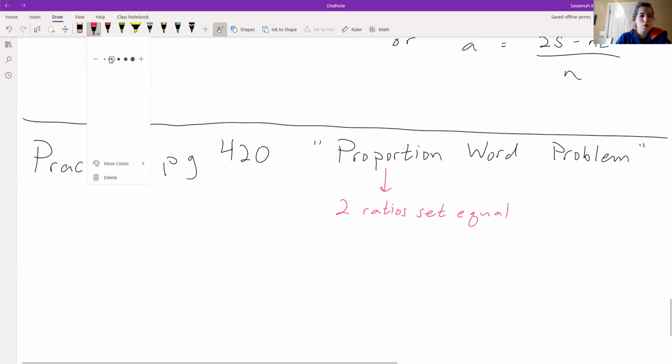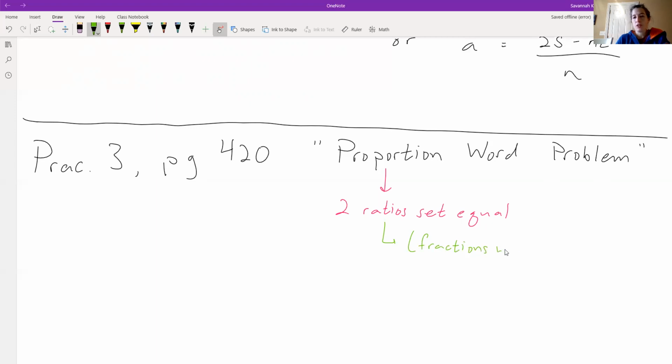And I would further remind you, just kind of peeling back the layers of this onion, ratios are basically fractions. Fractions we set up to express relationships in word problems. And you'll see what I mean in a minute.